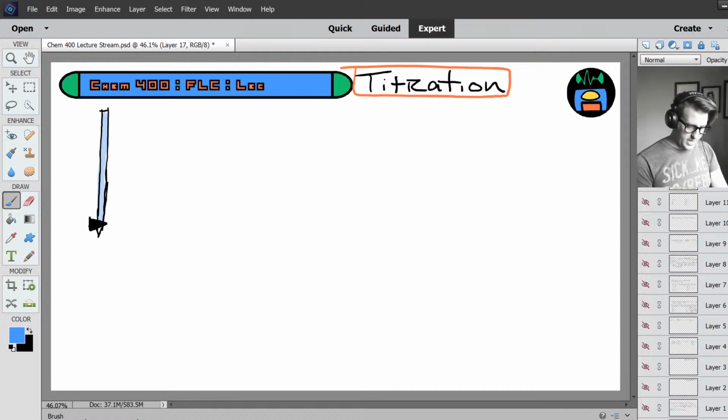And inside your burette you'll typically have your solution. Actually I shouldn't have filled that to the top. Let's be a little more accurate. So up in here, you've got your solution. So this is a burette.